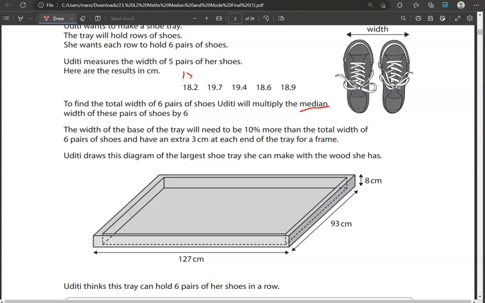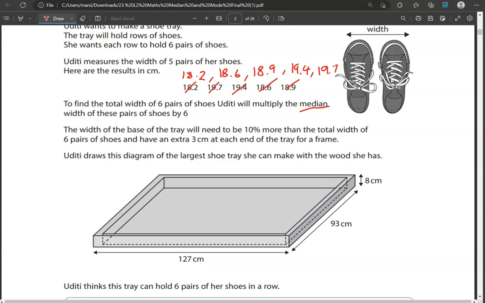So 18.2 is the smallest of them. Then 18.6. Then 18.9. We have another 2 numbers, 19.7 and 19.4. 19.4 will come before 19.7.